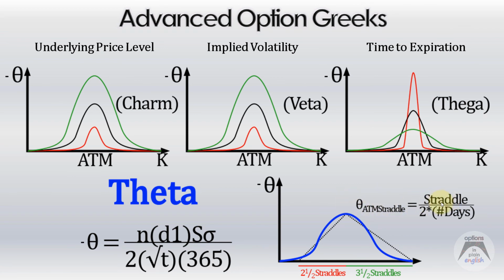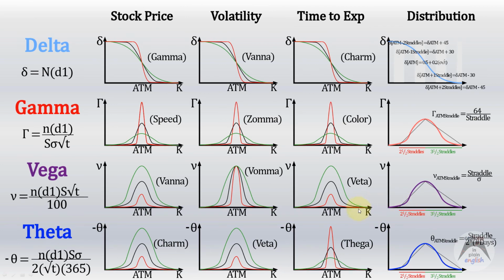So now that you've seen how all the different main Greeks change as underlying price changes, as implied volatility changes, and as time to expiration changes, we can put them all together in a single graph, in a single table, and you can get a good visual understanding and a good visual image of how they are distributed.